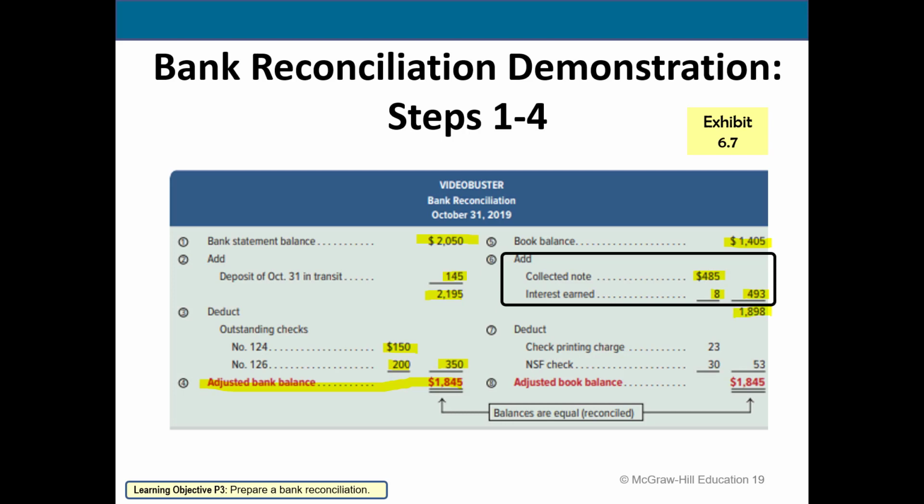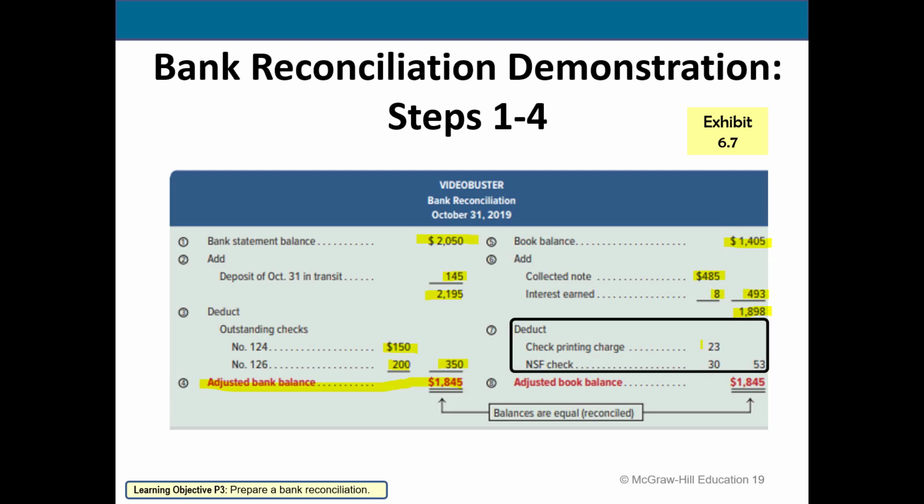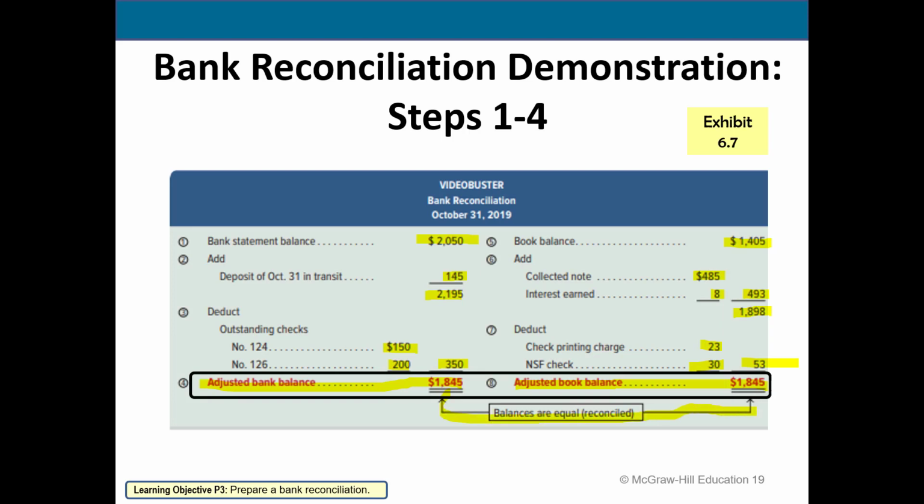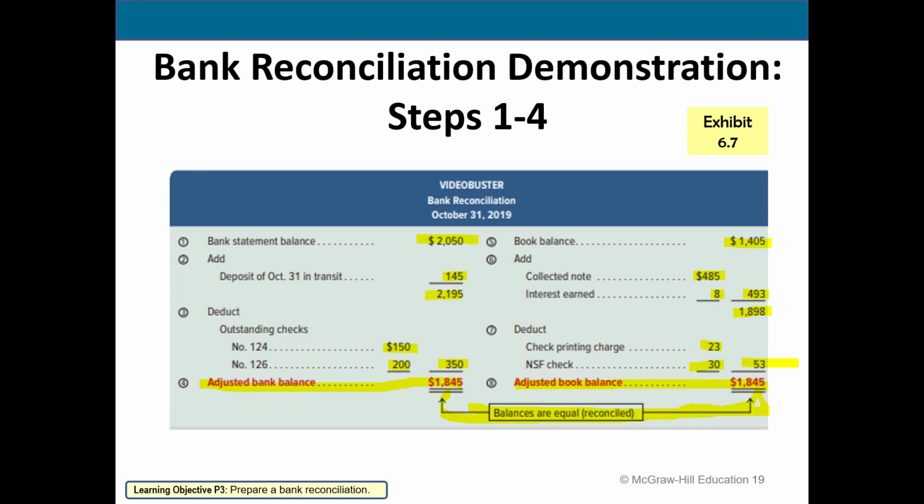Add that to the $1,405 to get $1,898, and then we need to subtract a check printing charge and a non-sufficient funds check from one of our customers. So add these two together, subtract 53 from 1898 to get our adjusted book balance, and these numbers must be equal. That means we are reconciled.